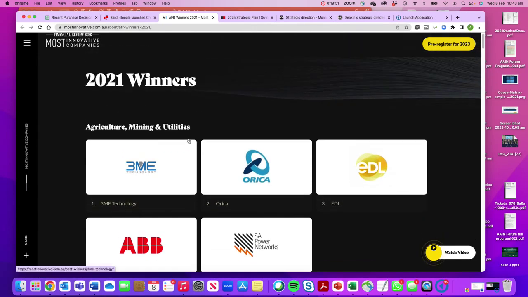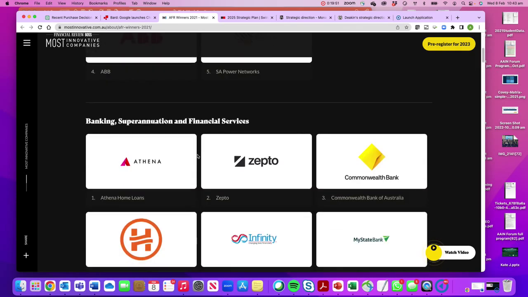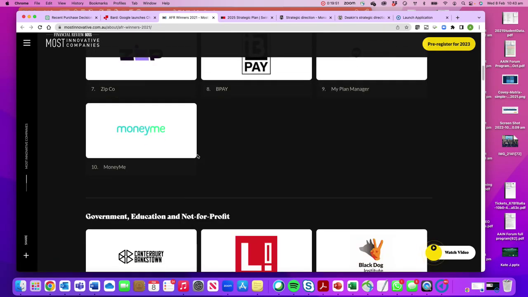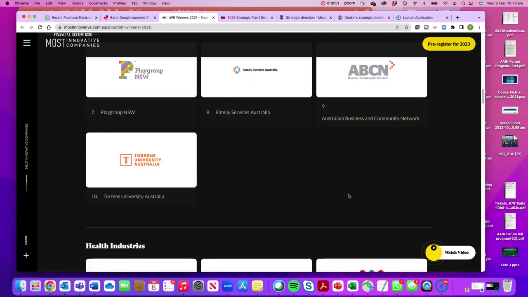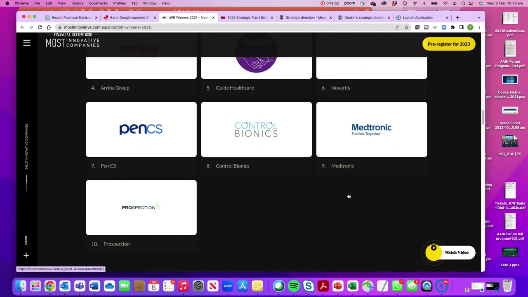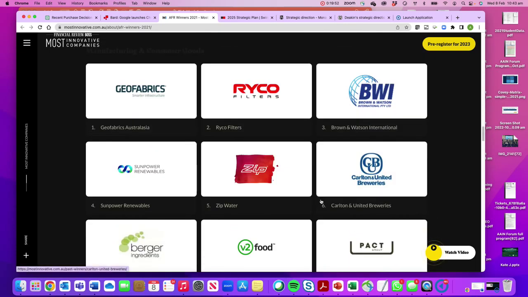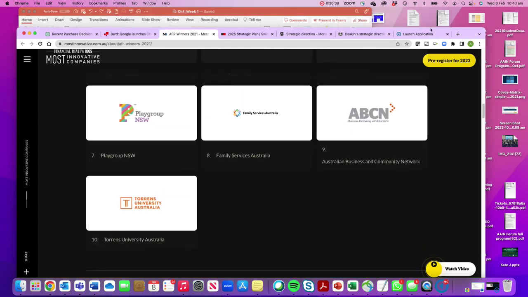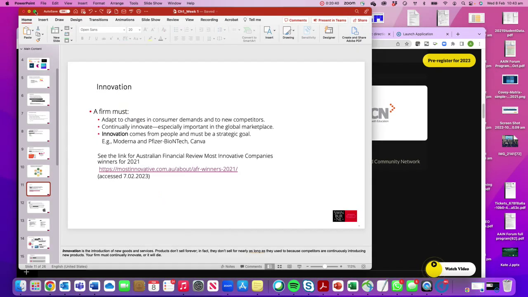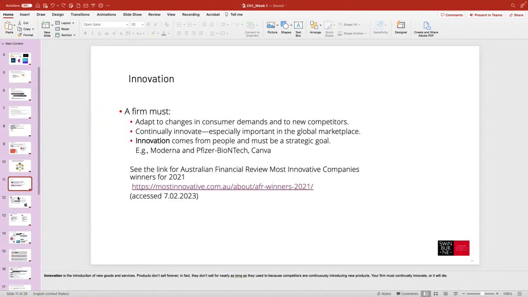They're not just tech companies, as you can see, innovative companies in agriculture, mining, and utilities, banking, superannuation, and financial services, government, education, not-for-profit. So you can click on these different organizations to see what they have done, how innovative they have been, and perhaps compare these organizations with some of their competitors as well.